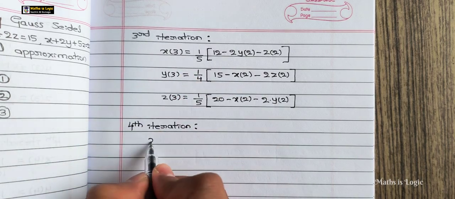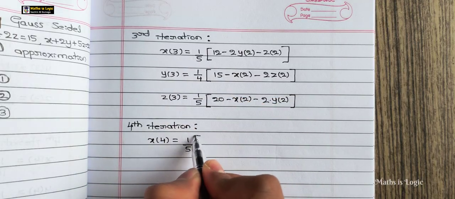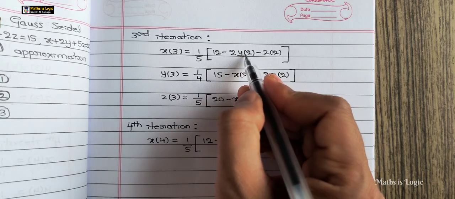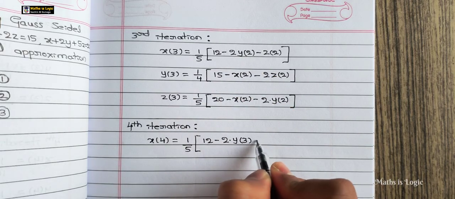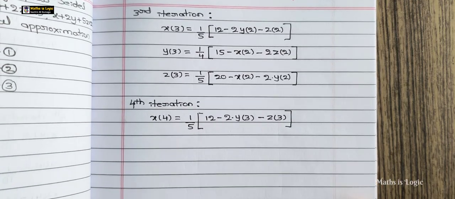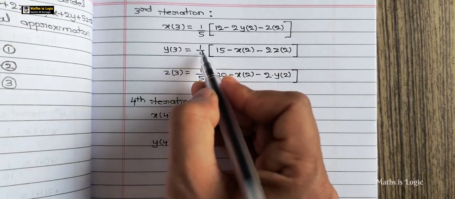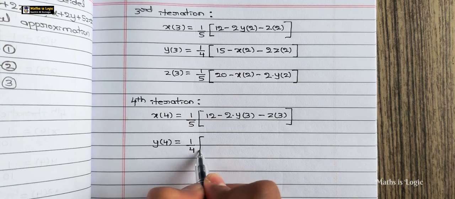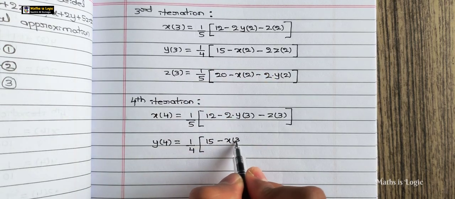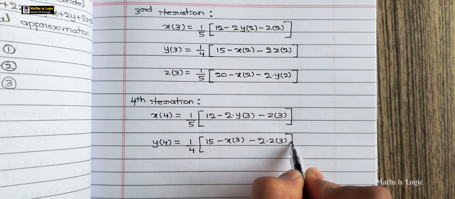So next x of 3 becomes x of 4 is equal to 1 divided by 5 into bracket 12 minus 2 into y of 2 becomes y of 3 minus z of 2 becomes z of 3. Next y of 3, right here y of 4 is equal to 1 divided by 4 into bracket 15 minus x of 3 minus 2 into z of 3.